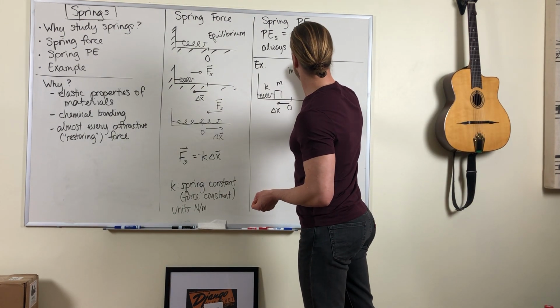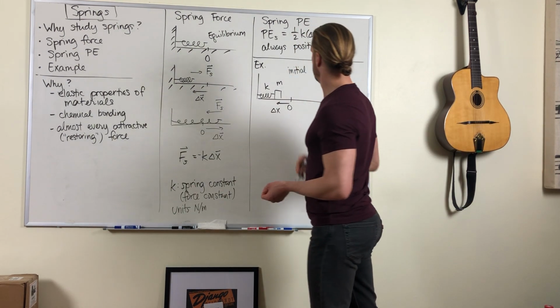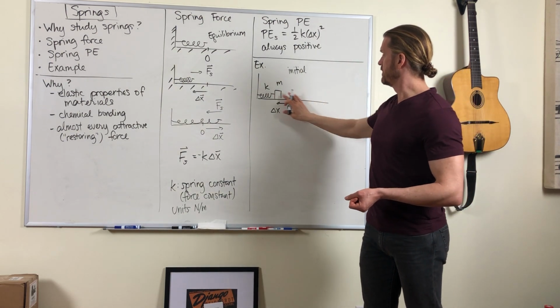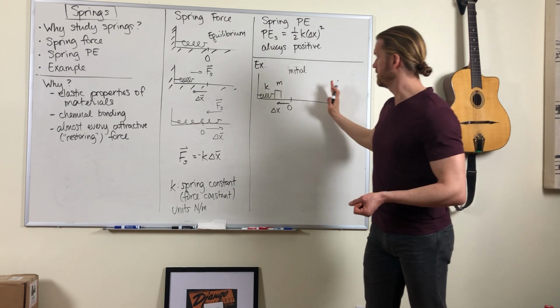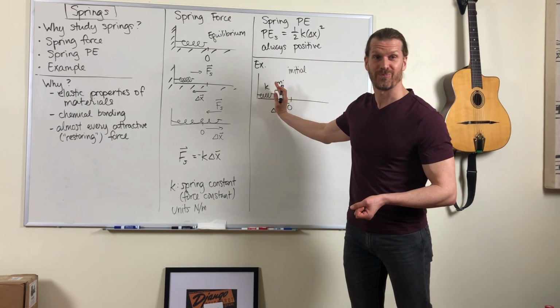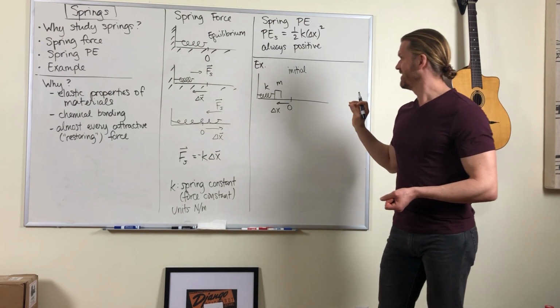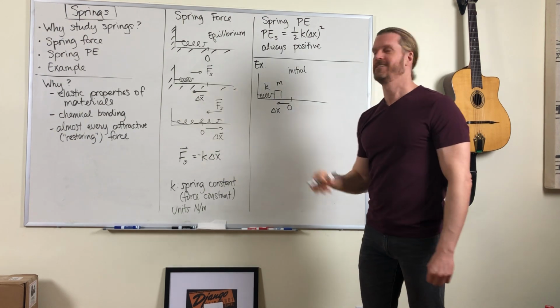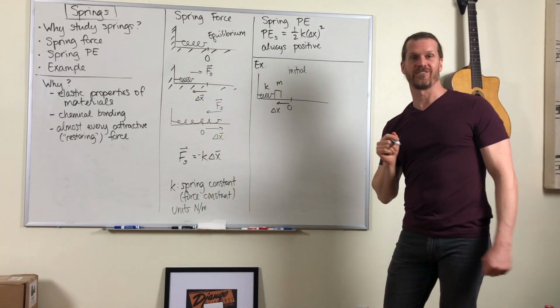Initially, we take our spring and put a mass next to it, compress that spring. So it's spring loaded. Now you let go, the spring pushes, the mass slides off to the right.